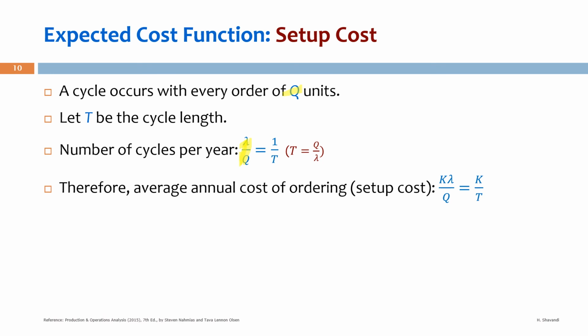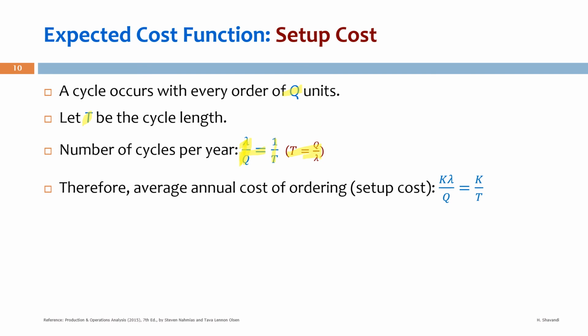Or if we assume that T is the cycle length, the time between two consecutive orders, then lambda over Q will be equal to 1 over T. If you have the cycle length, then if you divide 1 by T, you can obtain the number of orders, or you can divide lambda by Q. So the cycle length T is Q over lambda.